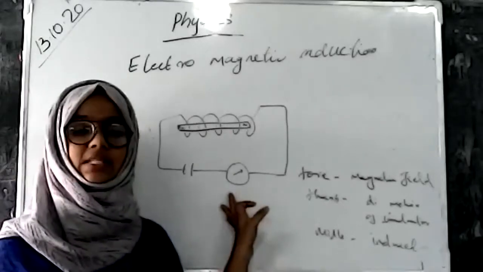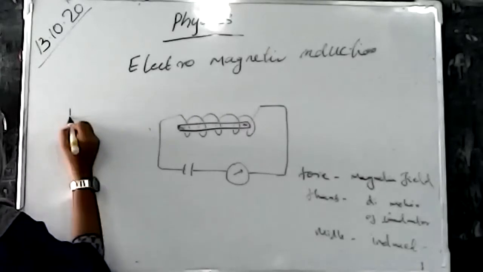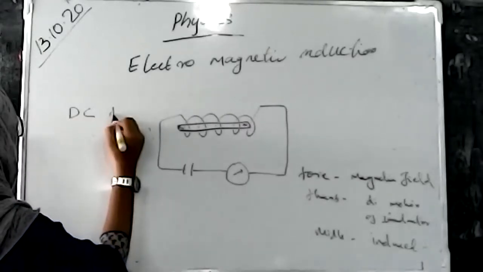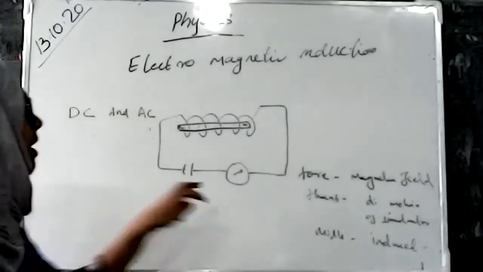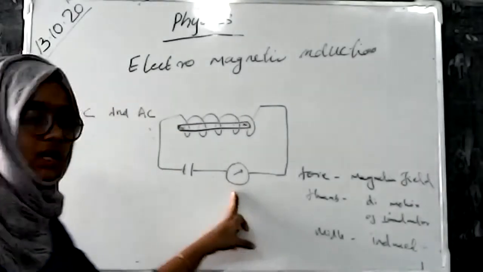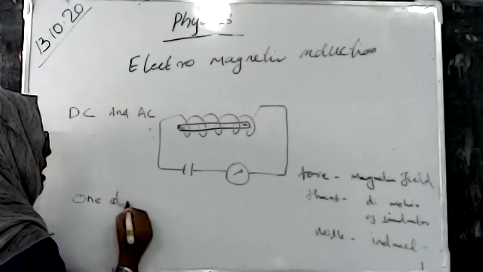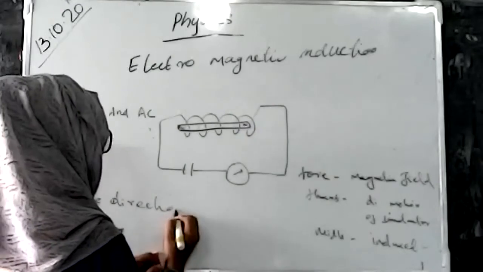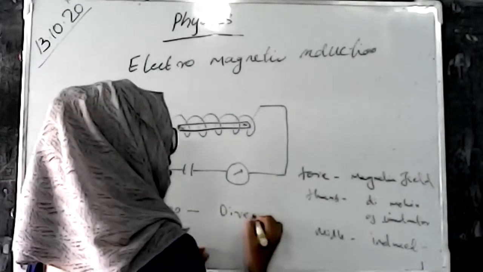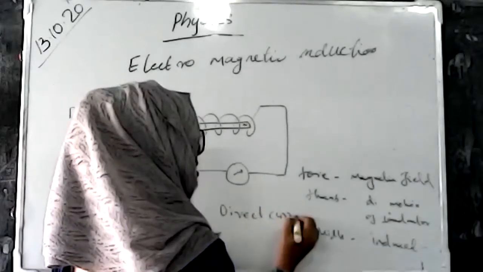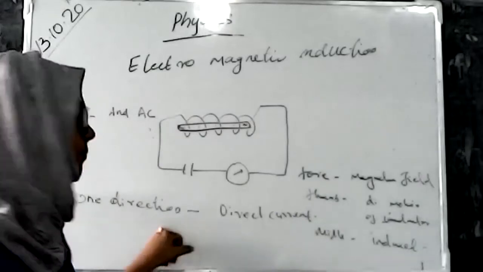So now we are discussing what direct current and alternating current, DC and AC, are. Here the produced current is in one direction. That current is direct current, and we say that current is DC.